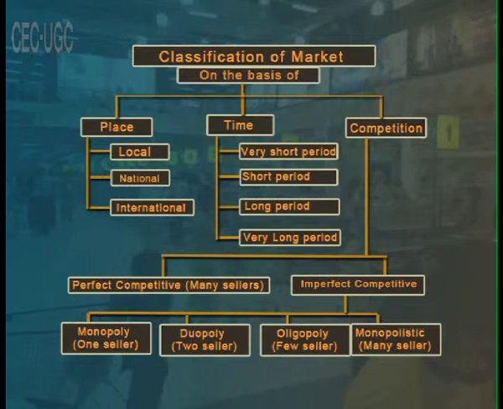A monopoly has only one or a single seller. Duopoly has two sellers. Oligopoly has a few sellers. Monopolistic competition has many sellers.